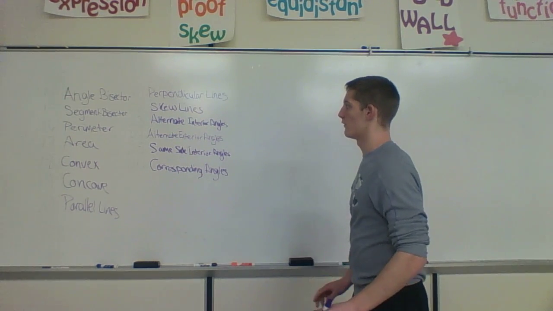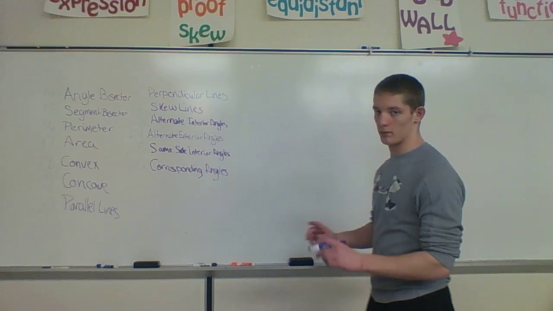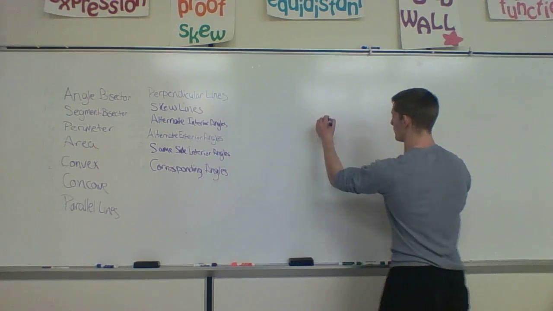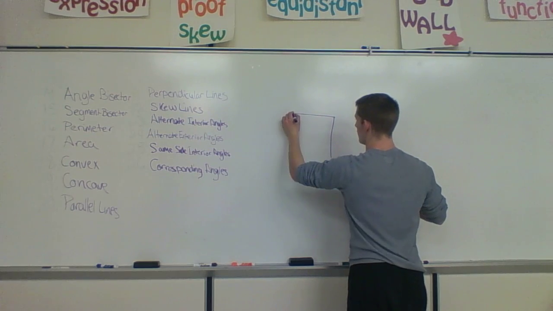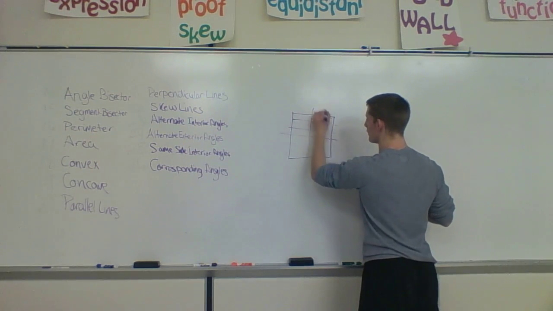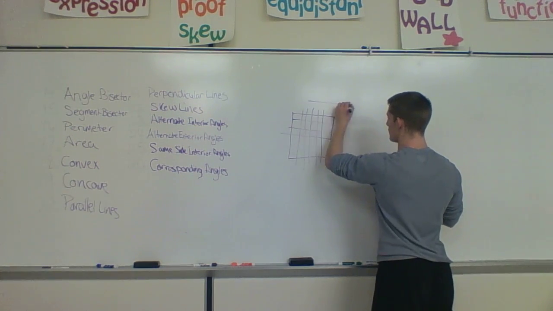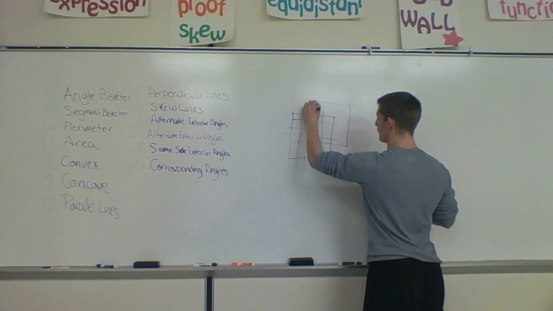And now you have the skew line. Unlike the parallel or perpendicular lines, this would be based on a completely different plane. So say you have one plane here, and a plane here.